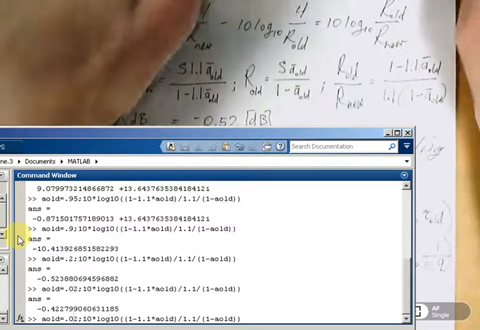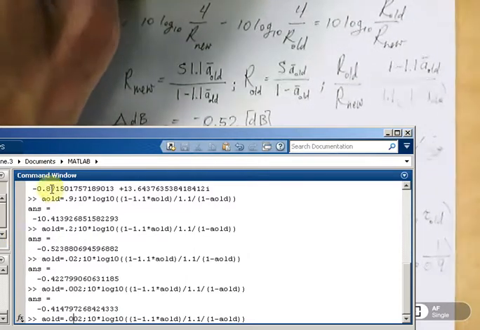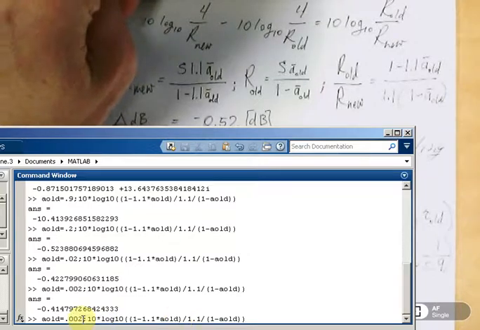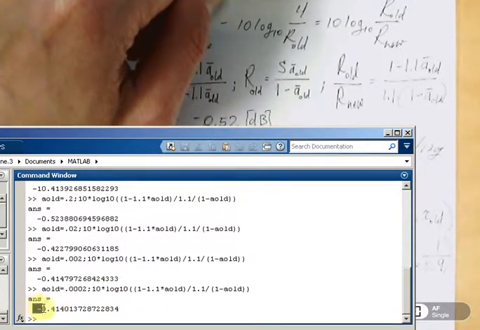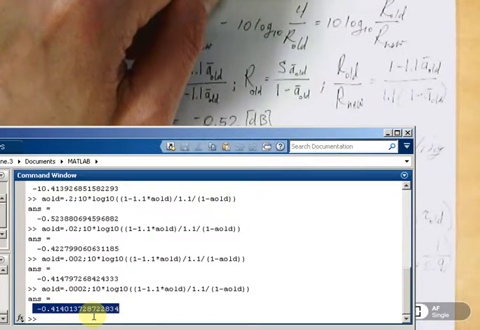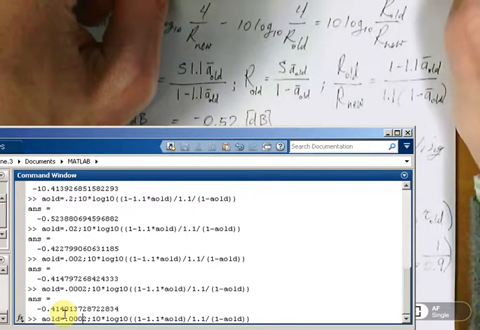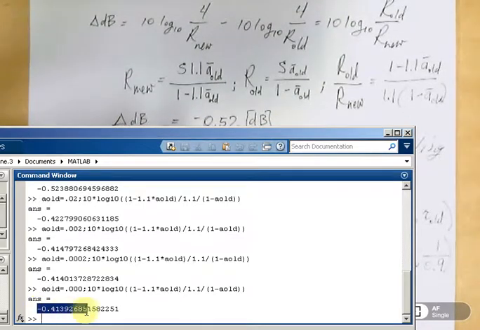Now you might say, if we're changing that mean absorptivity by 10%, why is the delta decibel change approaching a constant value? What if we keep going to the point where there is no difference? Why do we keep finding a change in decibel? Well, let's look at this expression that we have here on our paper.